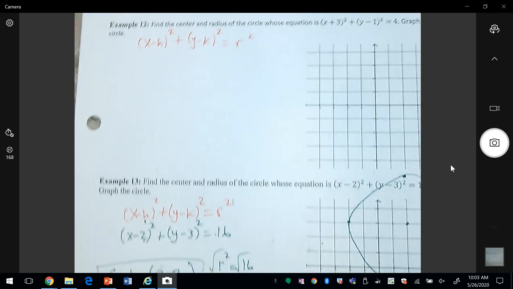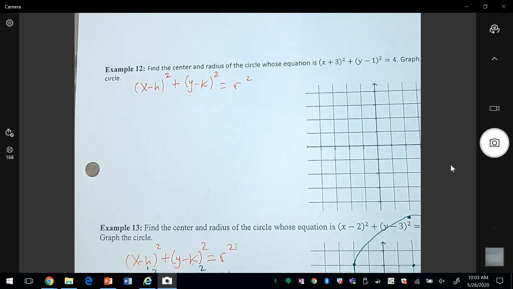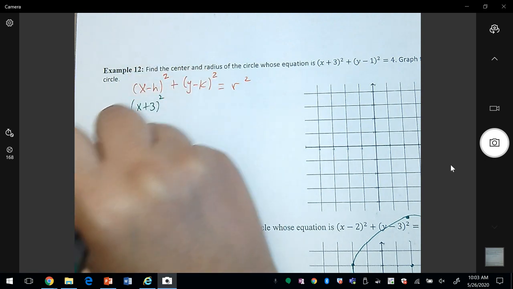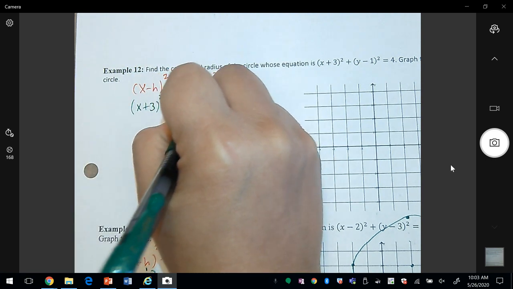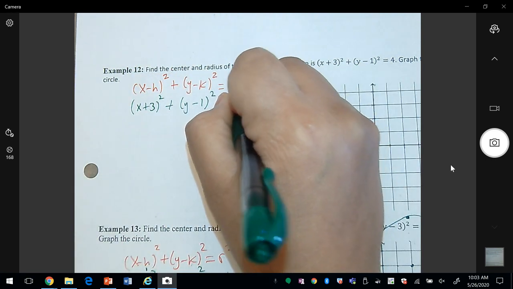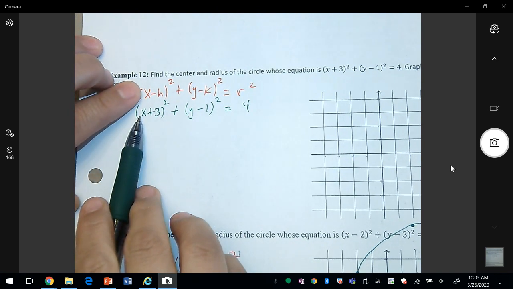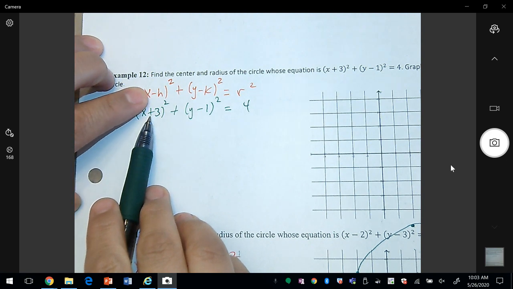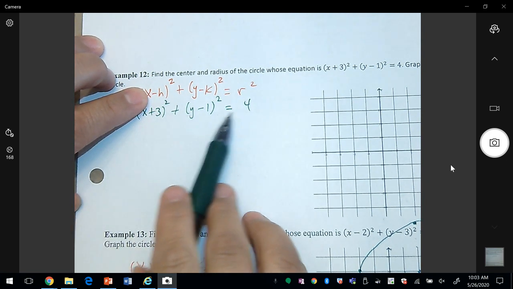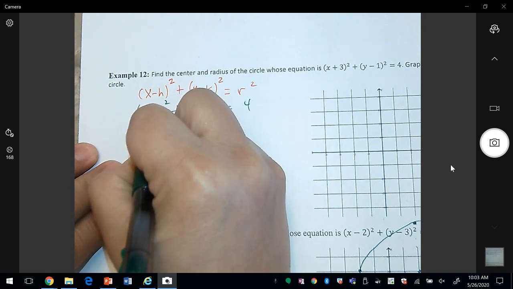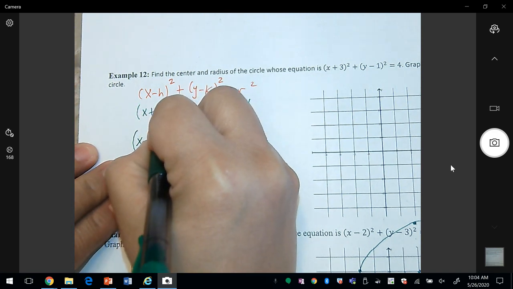So let's go back to number 12. Here I have x plus 3 squared plus y minus 1 squared is equal to 4. If we compare again, we have x and x, but instead of a minus, I have a plus. I need to make sure that this is in the standard form, so I can rewrite this as x minus negative 3.